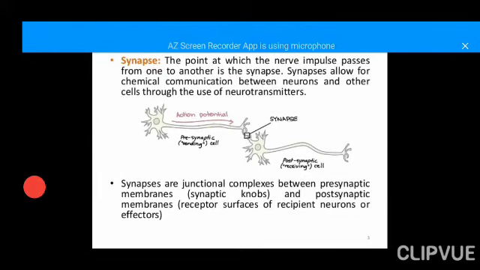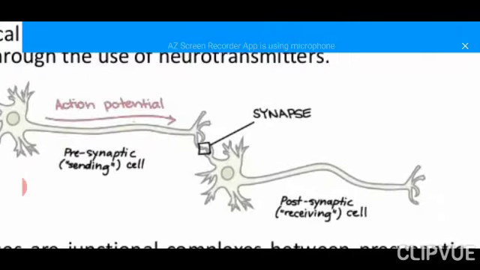All right, just like I stated earlier, a synapse is the point at which a nerve passes impulses from one neuron to another. That is the point at which an impulse or action potential passes from the presynaptic neuron to the postsynaptic neuron.